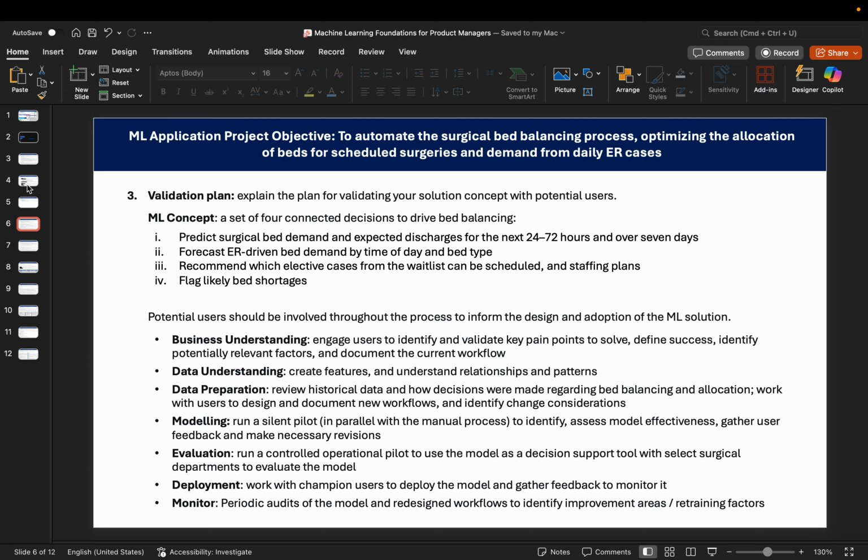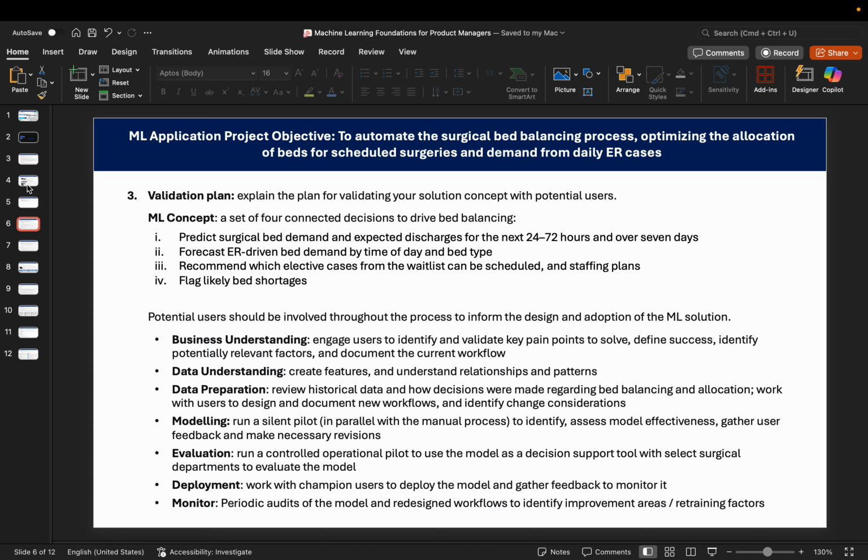Data preparation, reviewing historical data and how decisions were made regarding bed balancing and allocation. This will help minimize any bias that might exist with the historical data itself. Work with users to define and document new workflows, and this will help with adoption and identify change considerations, which will be part of the adoption plan.